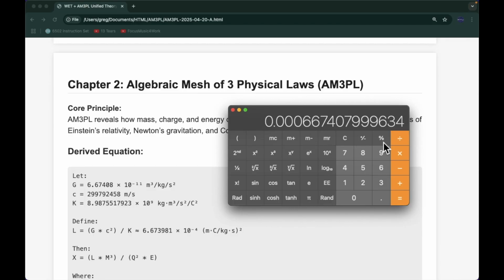So if we multiply, that's this number right here, pretty close, 7407999. So yeah, pretty close to the right number.